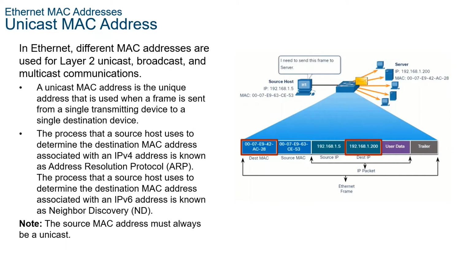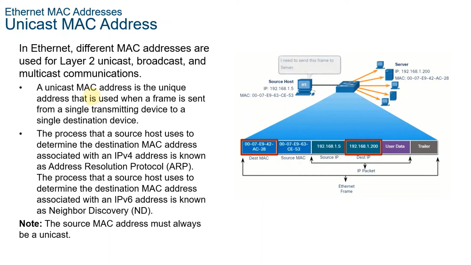All right, so how about the unicast MAC address? In Ethernet, different MAC addresses are used for layer 2 unicast, broadcast, and multicast communications. A unicast MAC address is the unique address that is used when the frame is sent from a single transmitting device to a single destination device.